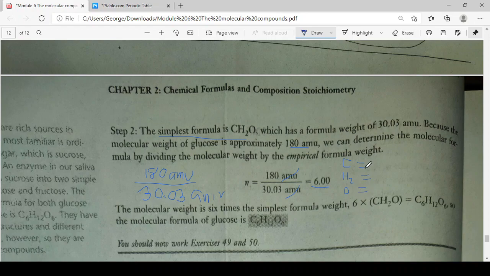So, 1 times 6, our carbon is 6. Your hydrogen, 2 times 6 is equal to 12. And your oxygen has no subscript, therefore it is understood as 1 element multiplied by 6.